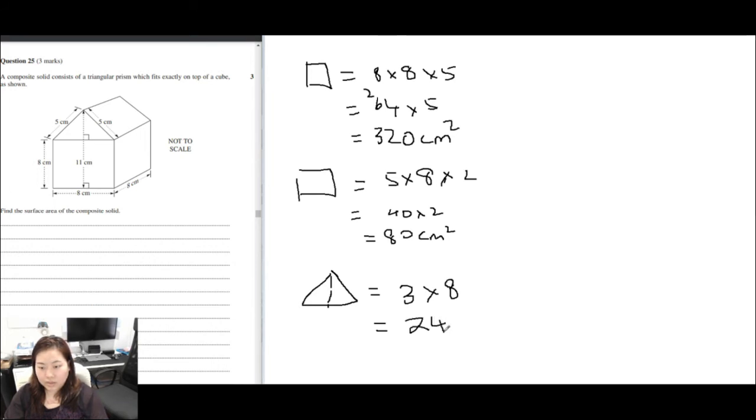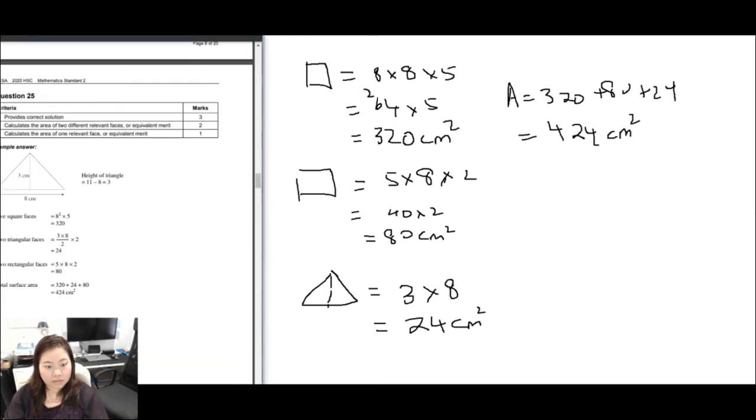So that's 24 square centimeters. So the total area is 320 plus 80 plus 24, so that's 424 square centimeters. Yay!